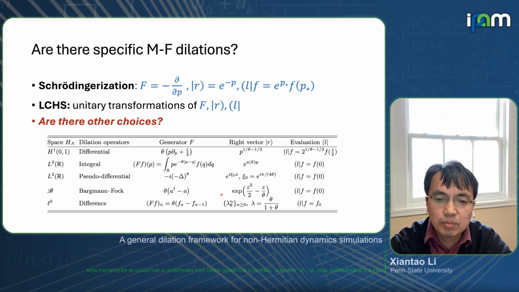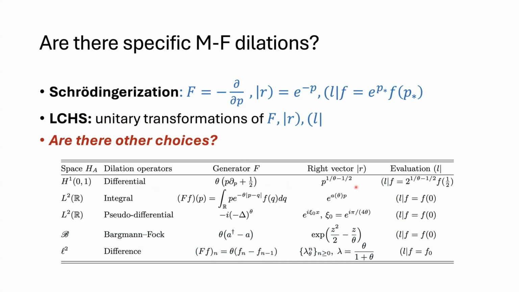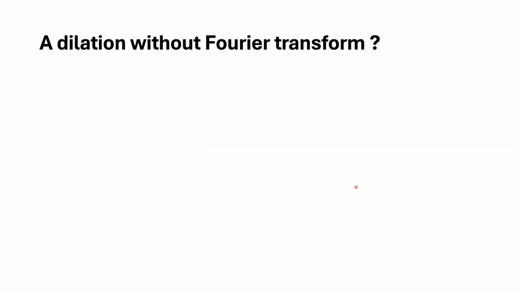And we have some numerical examples for that. But for the next few slides, I'm going to focus a little bit more on the first family here. This is also based on the differential operator. And you can implement this without using Fourier transform.